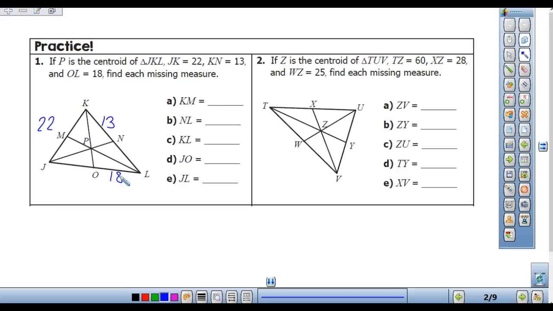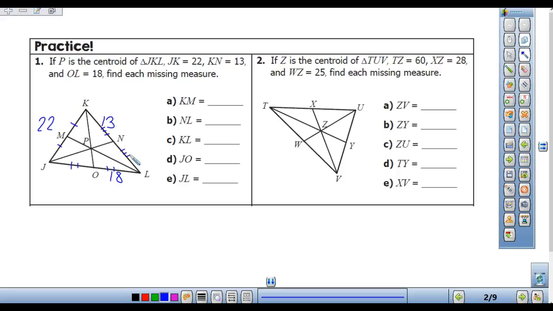Well, LM would be the median. What does it do to the sides? Bisects them. M is my midpoint, so those are congruent. O is my midpoint, so those two are congruent. And N is my midpoint, so those two are congruent.